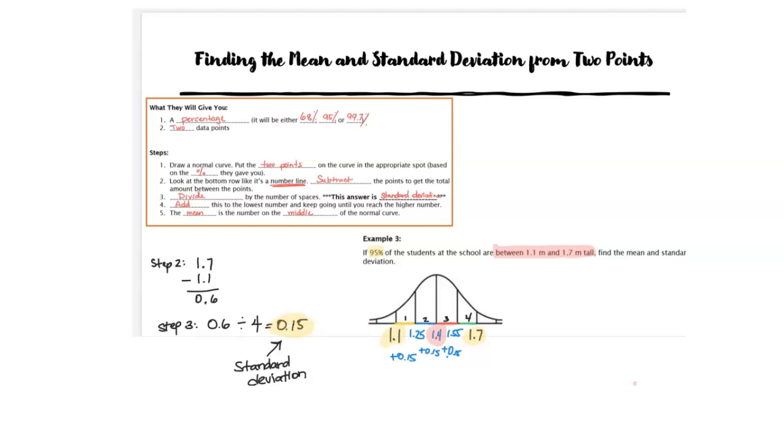Another way to write it is our x bar equals 1.4. That's our answer for the mean. And then our standard deviation, as we came up with earlier, equals 0.15. So those are our two answers for this problem. We were looking to figure out the mean and the standard deviation.